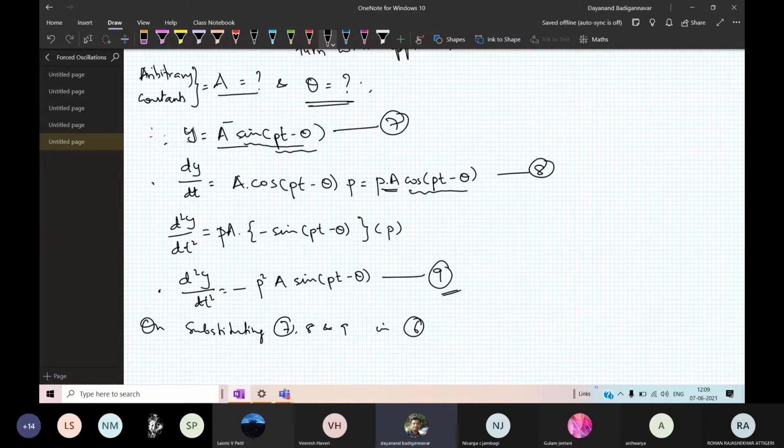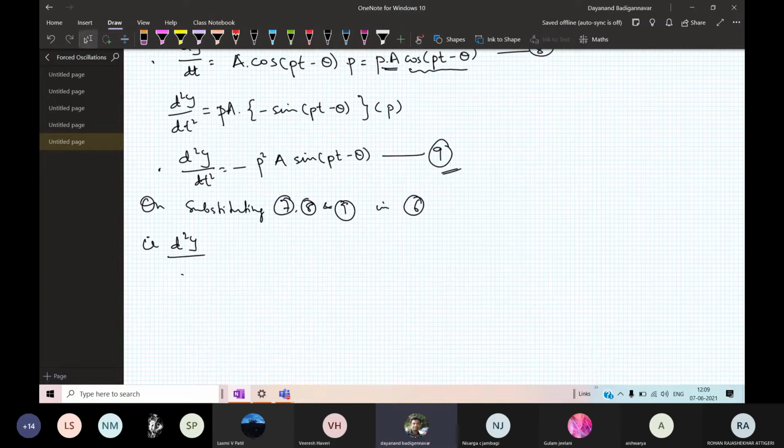First you write 6, that is d2y by dt square plus 2b dy by dt plus omega square y is equal to small f into sine of pt minus theta.